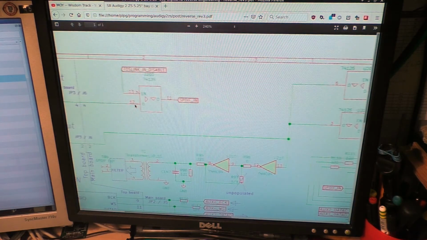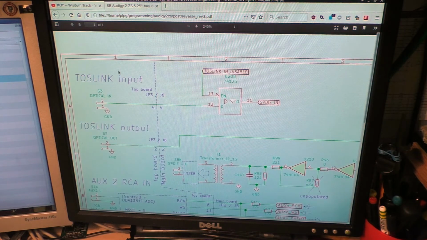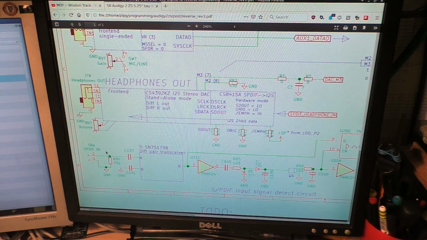But let's take a look at the TOSLINK in disable signal and the TOSLINK copper input. So this down here is the SPDIF input over an RCA jack, so this goes over copper. As you can see, it's got a 75 ohm termination here, and it's AC coupled into a general purpose differential transceiver, the 75179B.